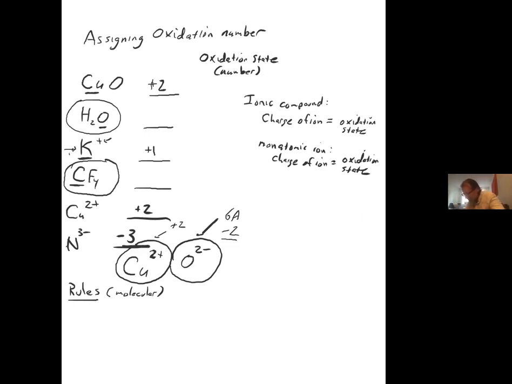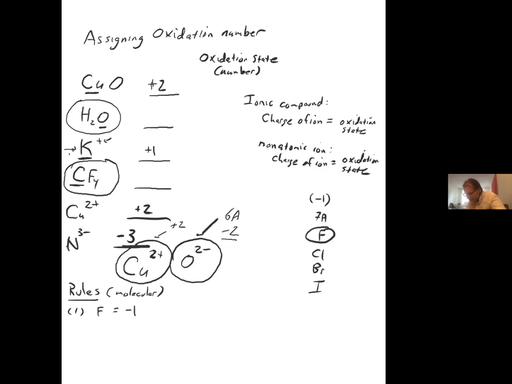So the first one is that in a molecular compound or a molecular ion, fluorine is equal to -1. Just by definition, we just call it -1. Now that's not so hard to remember because the halogens are in group 7A and they're all -1 anyways, right? So for that particular case, that works out pretty nicely. You just put fluorine as -1.